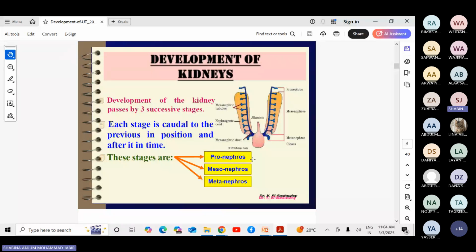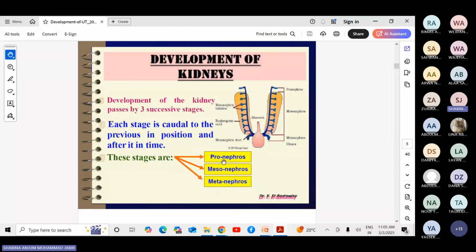Then after some days, the pronephros kidney will degenerate and become the mesonephros kidney. It also will be different in its structure and function, and it also degenerates, and finally the metanephros will develop, and the metanephros is the stage which is our kidney.